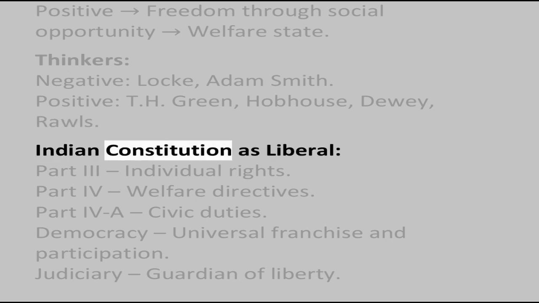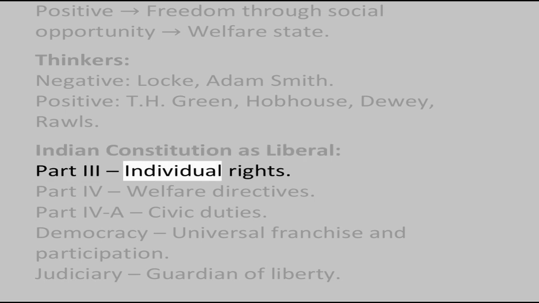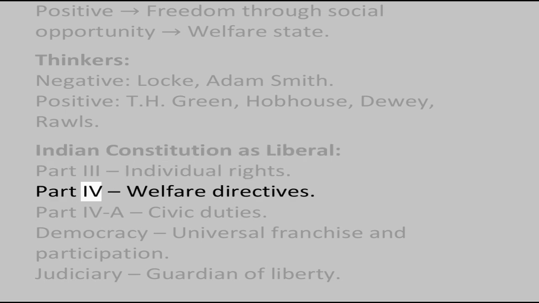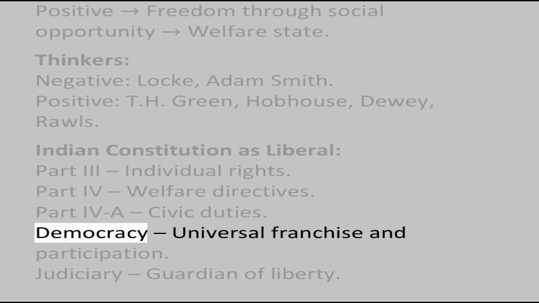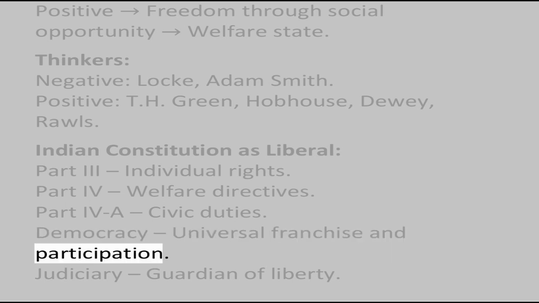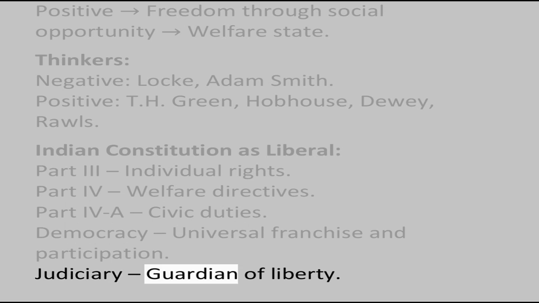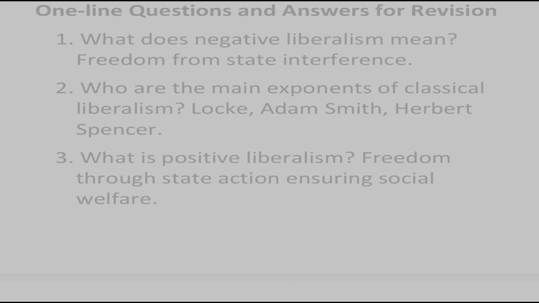Indian Constitution as liberal. Part 3: Individual rights. Part 4: Welfare directives. Part 4A: Civic duties. Democracy, universal franchise and participation. Judiciary, guardian of liberty. One-line questions and answers for revision.